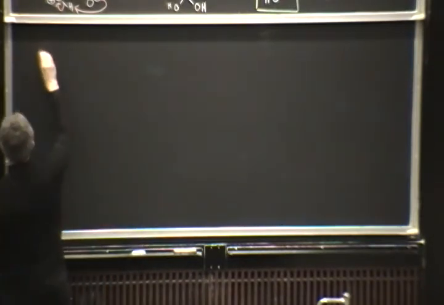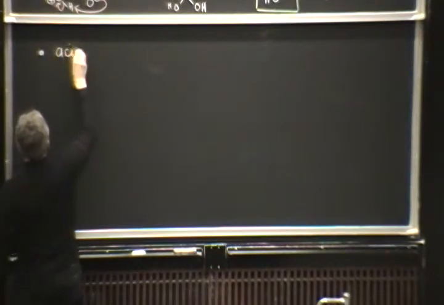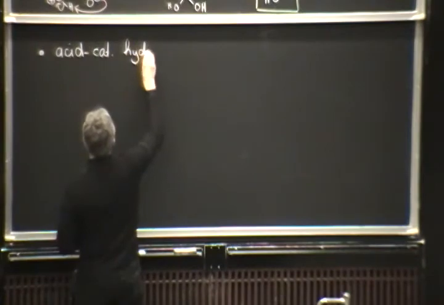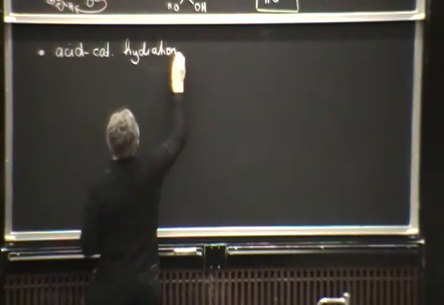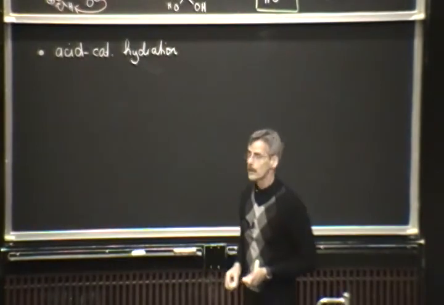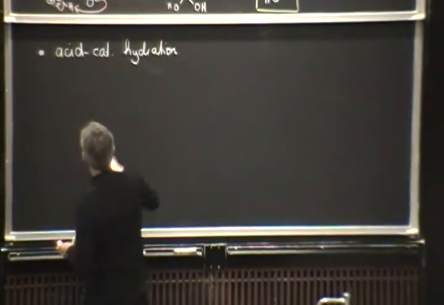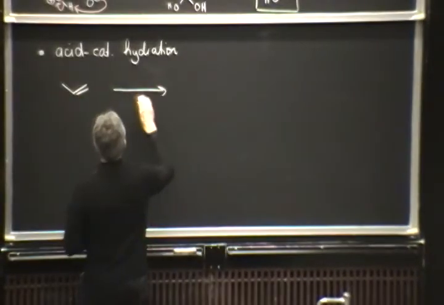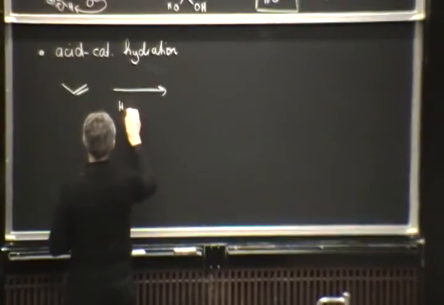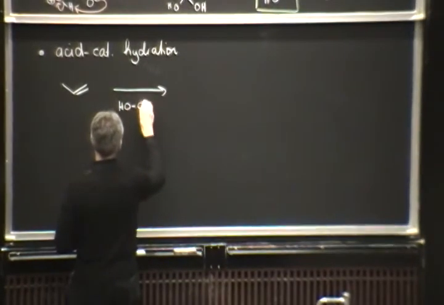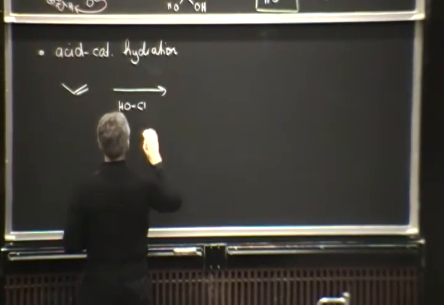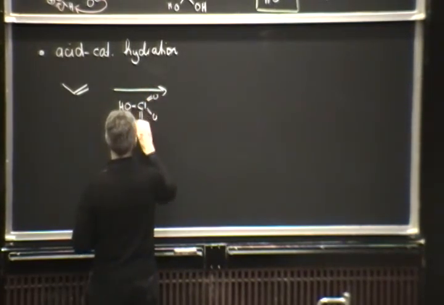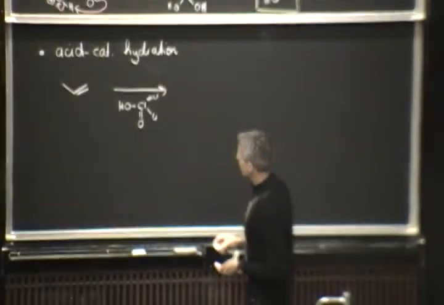We can also generalize this into a general acid catalyzed hydration. Particularly if you use non-nucleophilic acids, then the acid would not participate. So if I use the same example, but now I'm using a very non-nucleophilic acid, for example, perchloric acid. So this is perchloric acid.